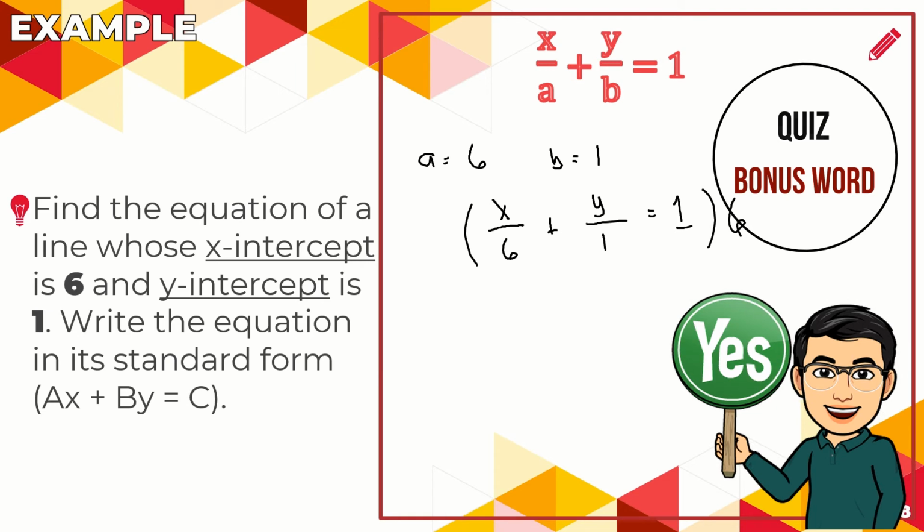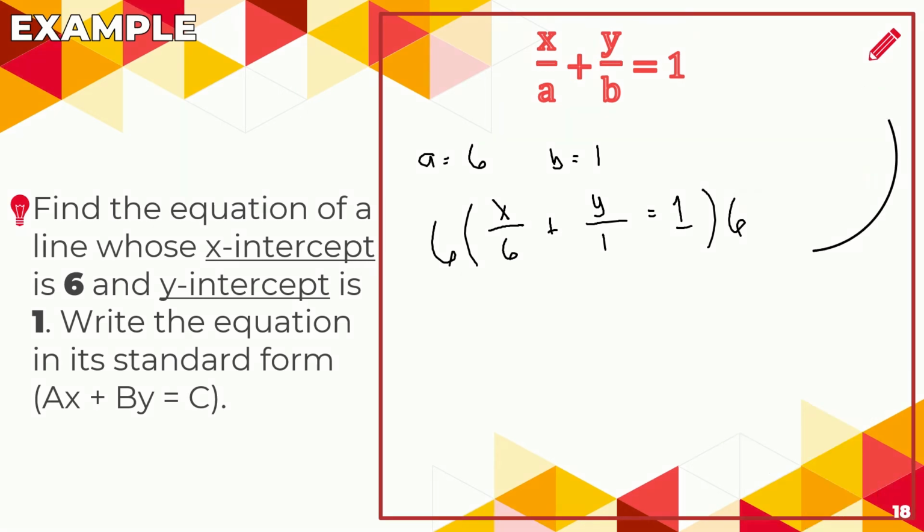So 6 multiplied by x is 6x over 6. The answer is x, correct. If we have 6 multiplied by positive y, it is 6y over 1, which is 6y, correct.